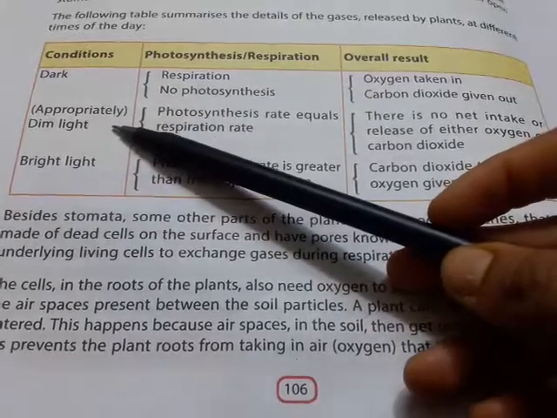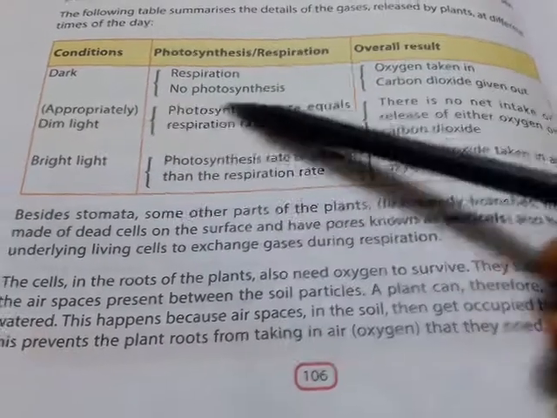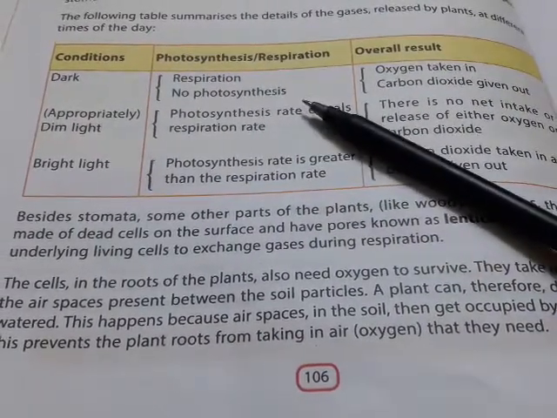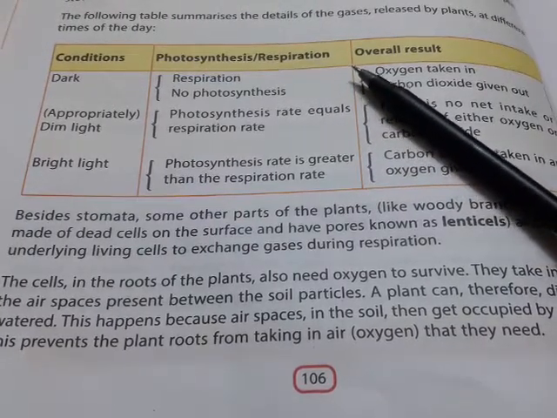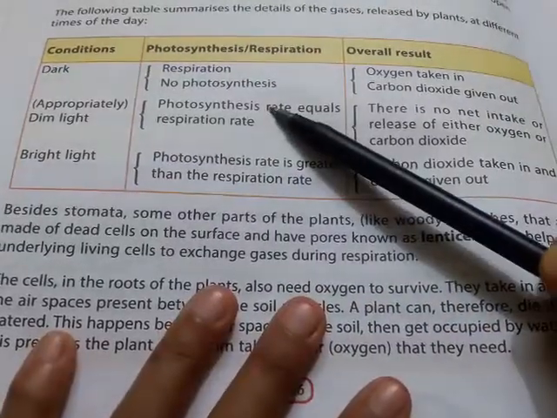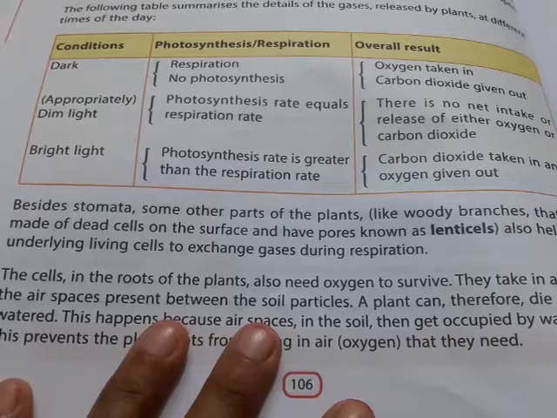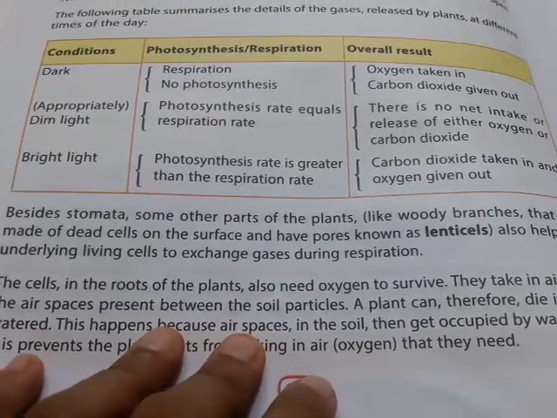Appropriately dim light means early morning or in the evening time, like 5 o'clock. Photosynthesis rate is equal to respiration rate. Both the things are going together. That means the speed at which photosynthesis is taking place and the speed at which respiration is taking place are the same.